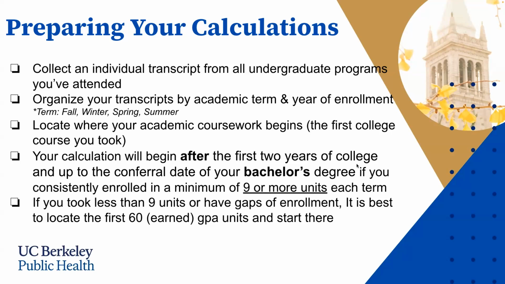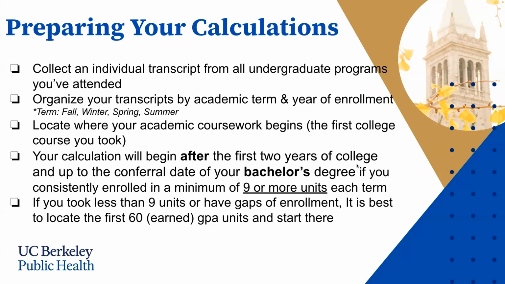You also want to locate where your academic coursework begins. Again, that is the first college course that you ever took, because then you will chronologically gather your transcripts together and calculate in chronological order.